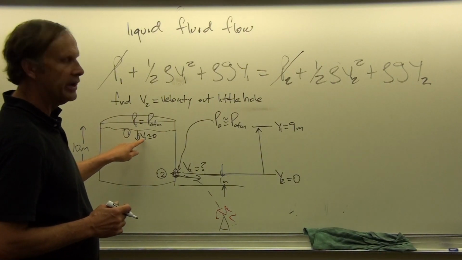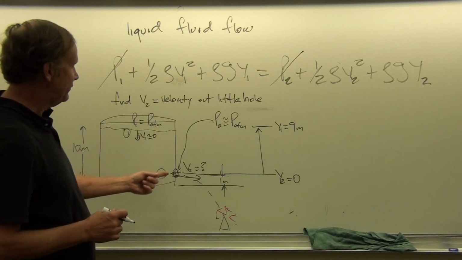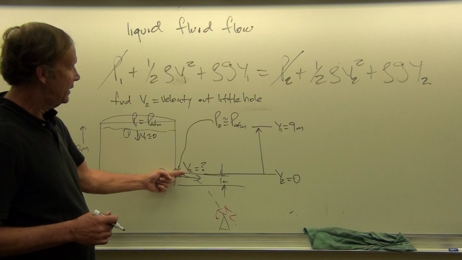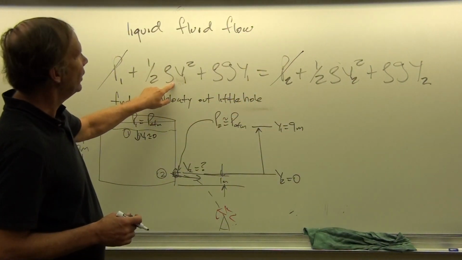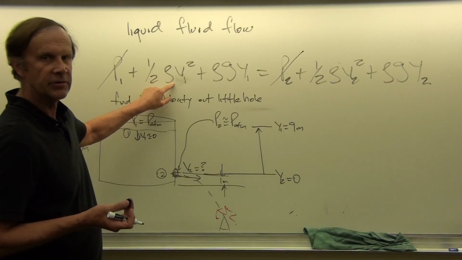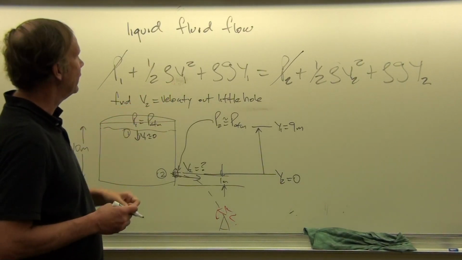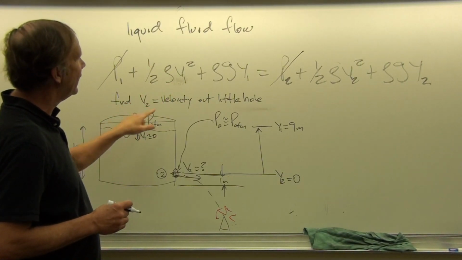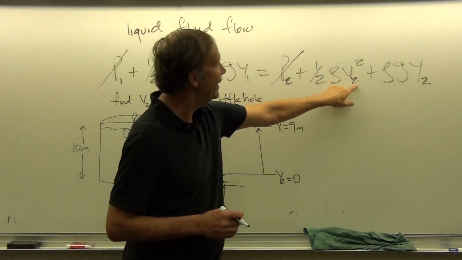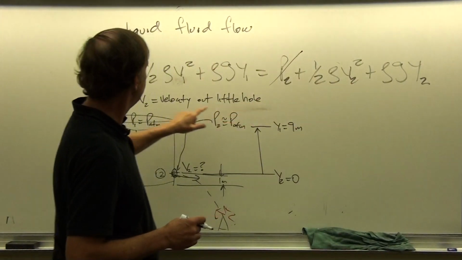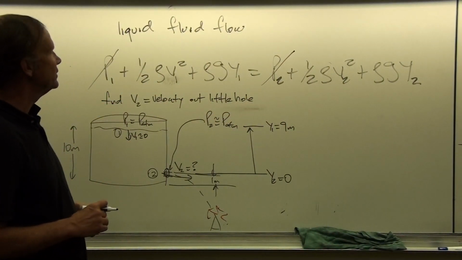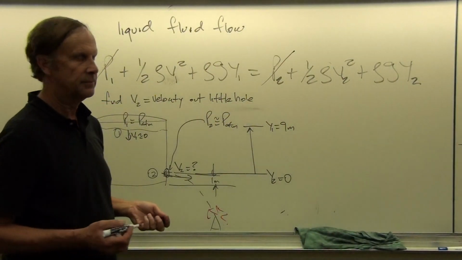Say V1 is 0.1 meters per second, and V2 is 10 meters per second. Then 10 squared is 100, and 0.1 squared is 0.01. So if this were 0.1 and this were 10, then this would be 100, this would be 1/100th, and so there would be a difference of 10,000 between the two terms.